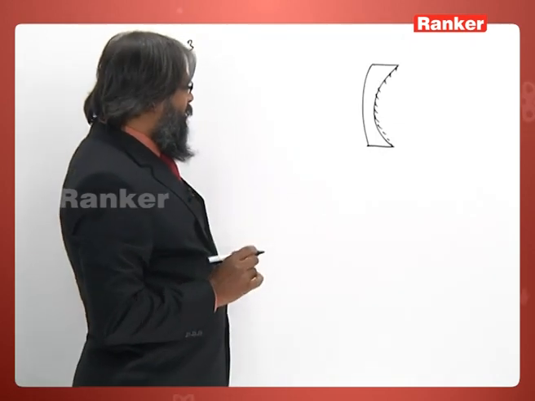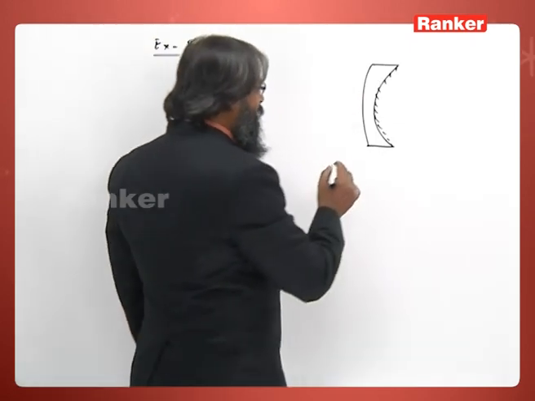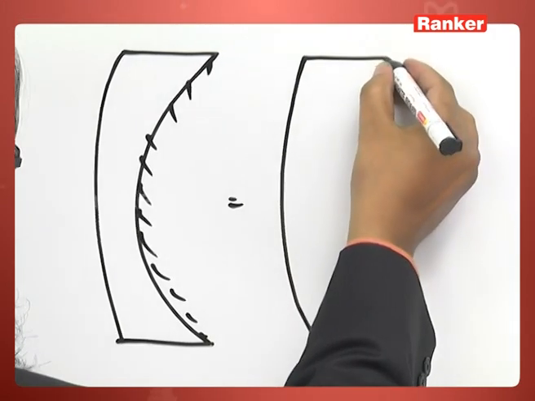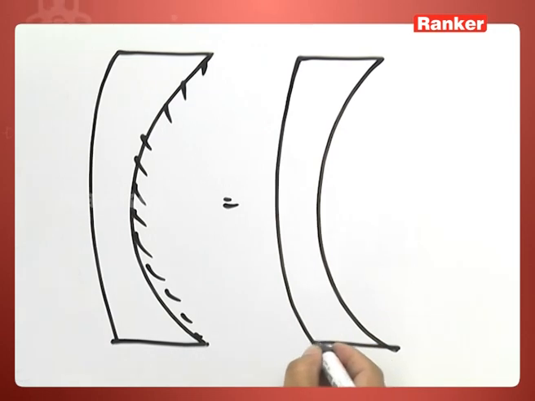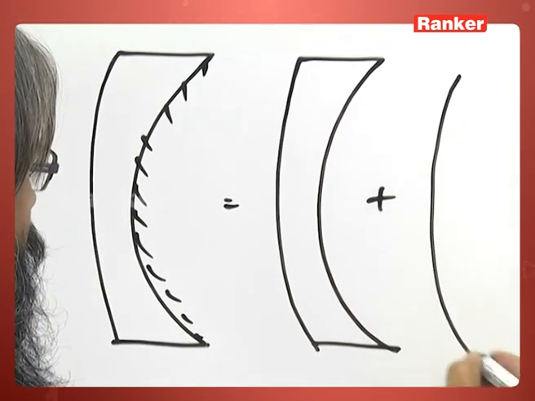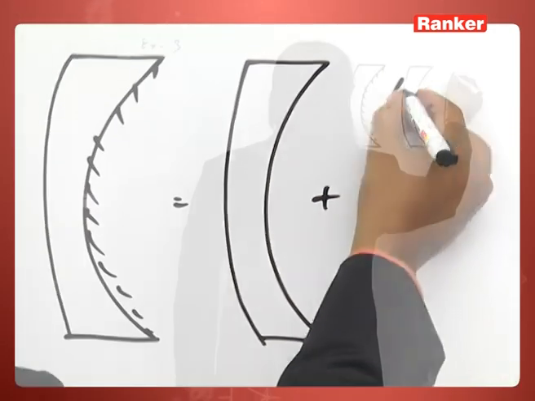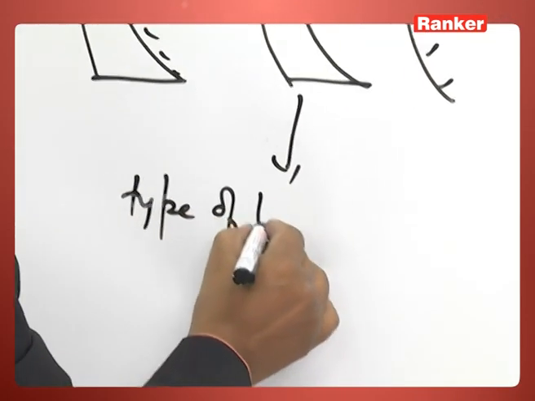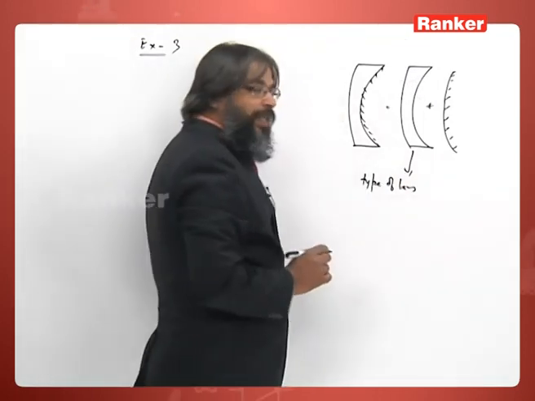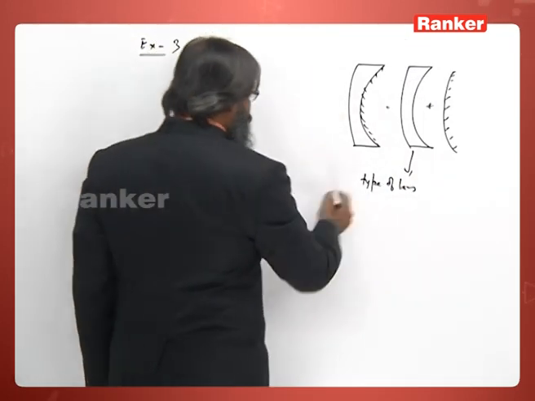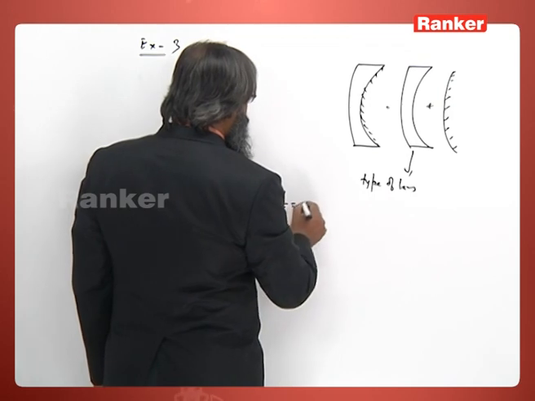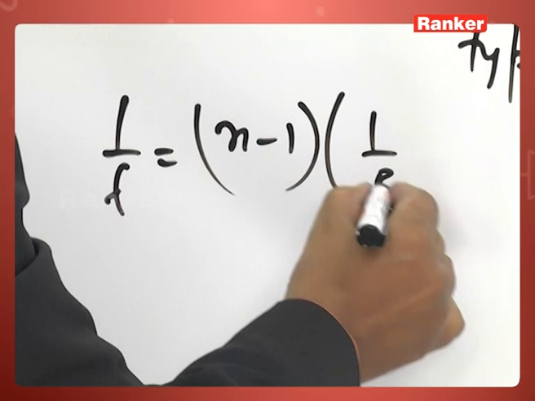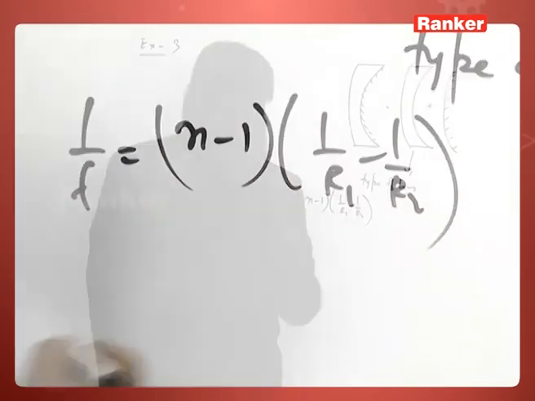Now, you see, this is a silvered lens. What we have to do in such a problem is first determine the type of lens. The type of lens can be determined by calculating 1 by f as (n minus 1) times (1 by r1 minus 1 by r2).